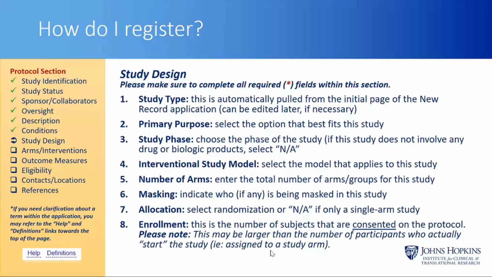I know sometimes we use enrolled as the people who started the study, but for ClinicalTrials.gov purposes, enrolled is the people who signed the consent form. This is before all the screen failures and withdrawals and things like that. And the number of participants started are the people who are actually on the study. Any questions regarding that?